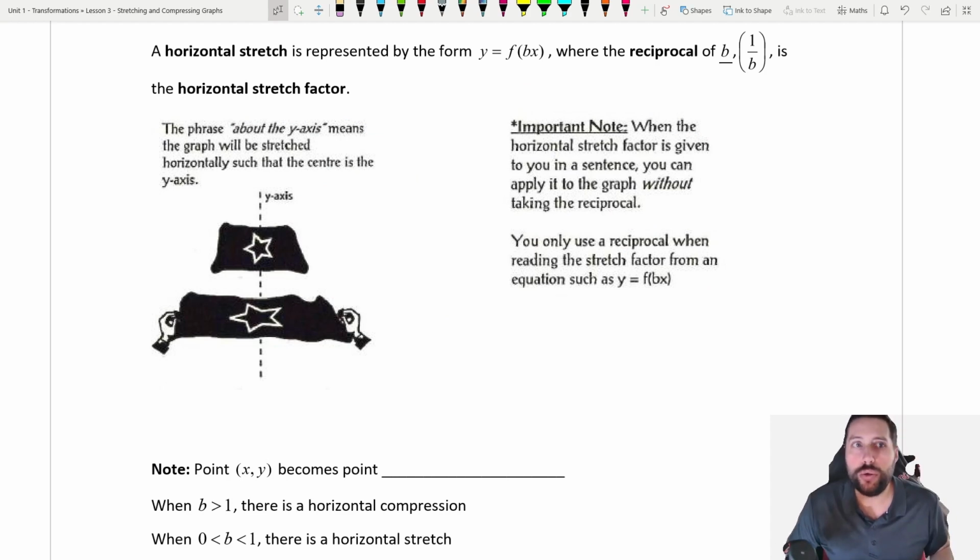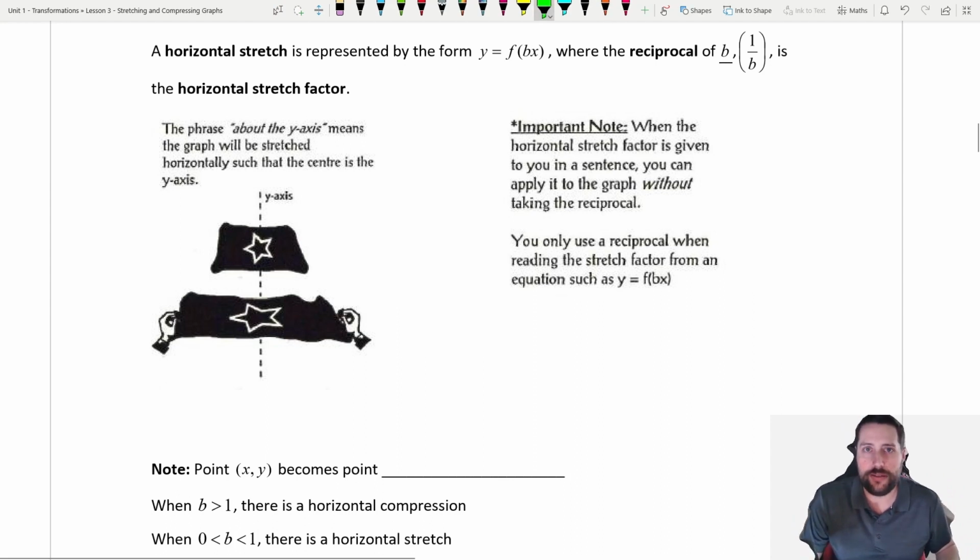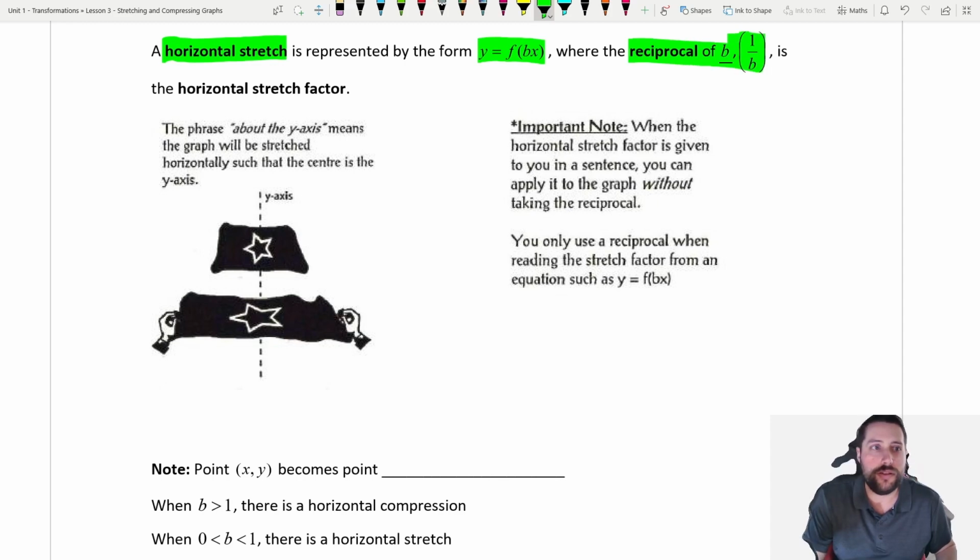So a horizontal stretch is represented by the form y is equal to f of b times x, where the reciprocal of b, so 1/b, is the horizontal stretch factor. So let's highlight some of this stuff here: where the reciprocal of b is the horizontal stretch factor.